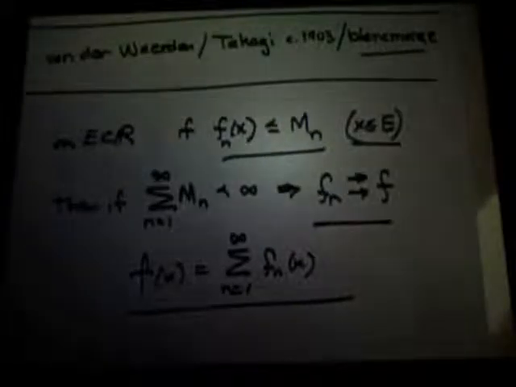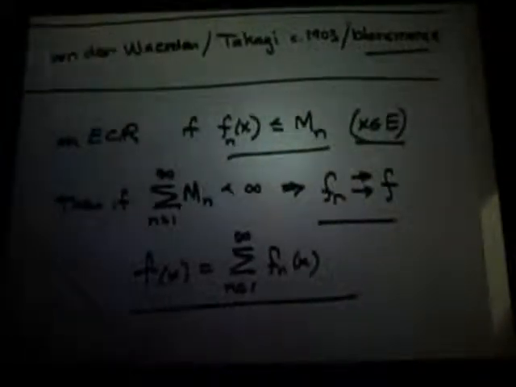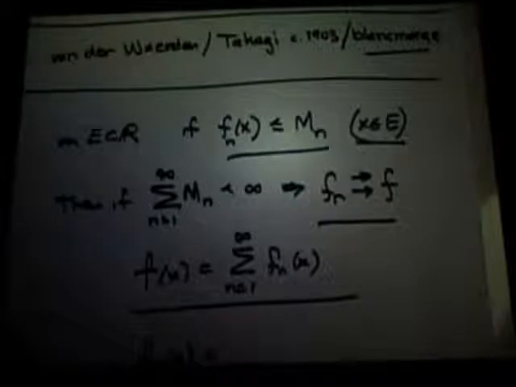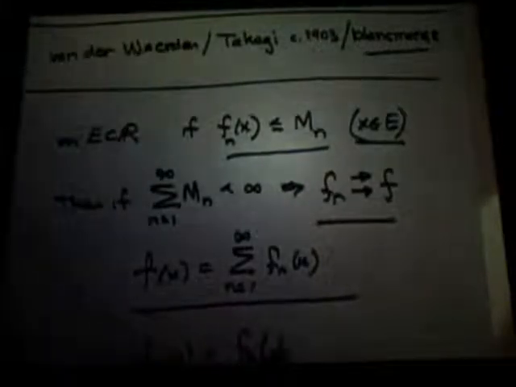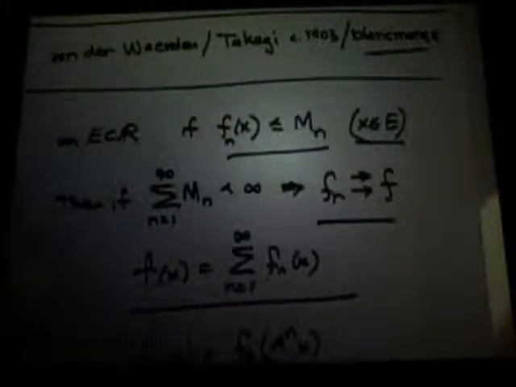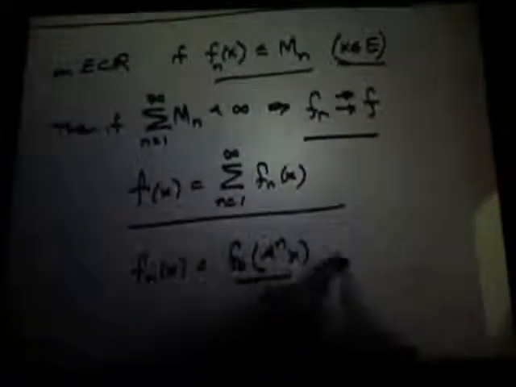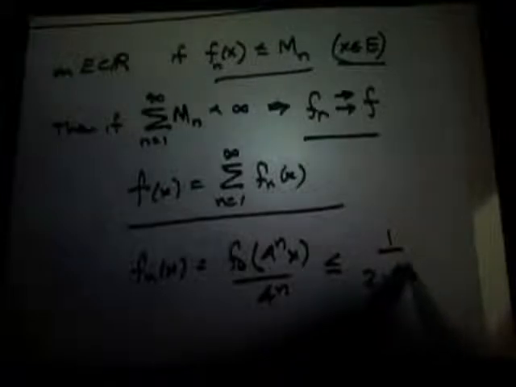Remember, f_n of x is f_0 of 4 to the n x over 4 to the n. Is that always going to be less than or equal to 1 over 2 times 4 to the n?